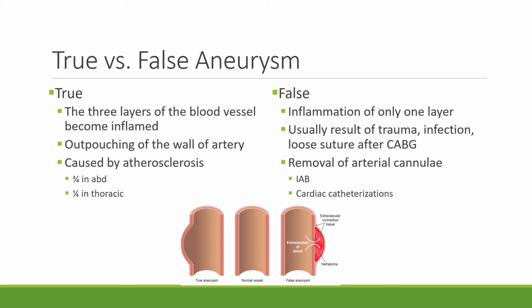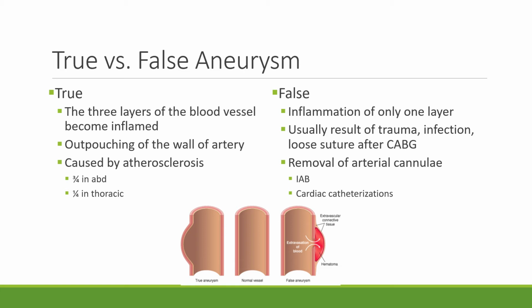What's very interesting to note is that false aneurysms may result from procedures that occur within a hospital setting. Sometimes they can result from a loose suture after having a CABG surgery.